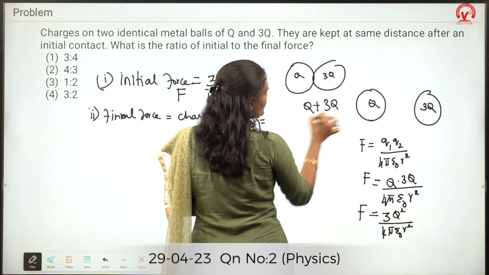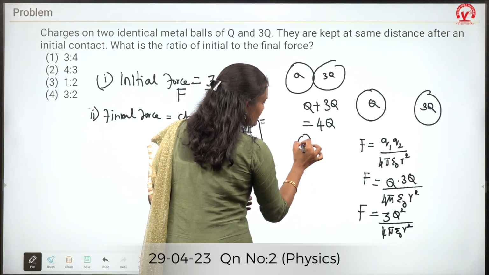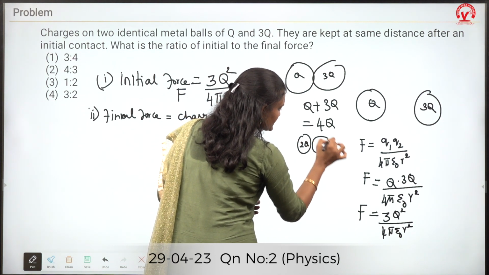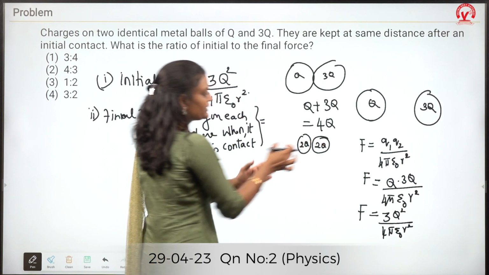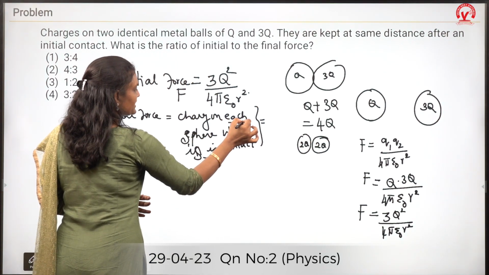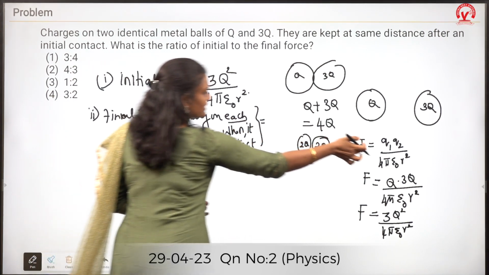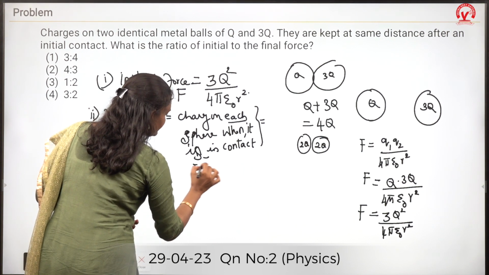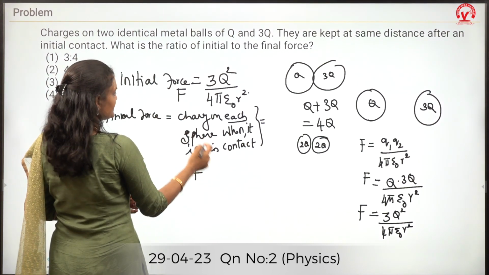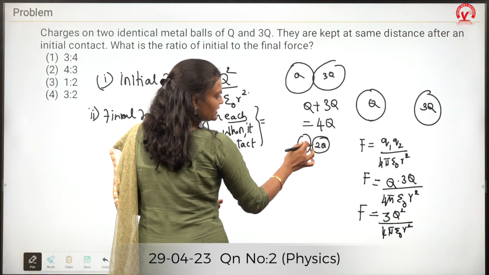Q plus 3Q is equal to 4Q, so one charge is 2Q and the other charge is 2Q. So each charge is 2Q. Now applying this in the formula, the final force F1 is equal to, with Q1 being 2Q.